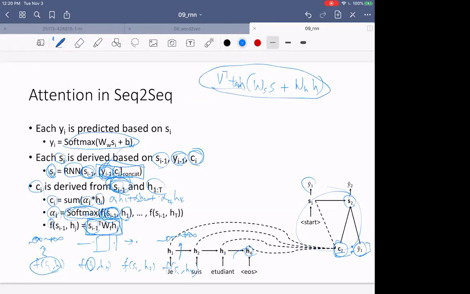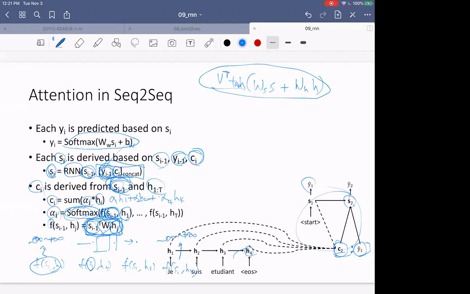But as later sequence to sequence models got more improved and more succinct and simpler, they just use this function: you take the latent representation of the previous state vector from your decoder, and the state vector from your encoder, and then just put the matrix in between. And that's how you get the scalar value.